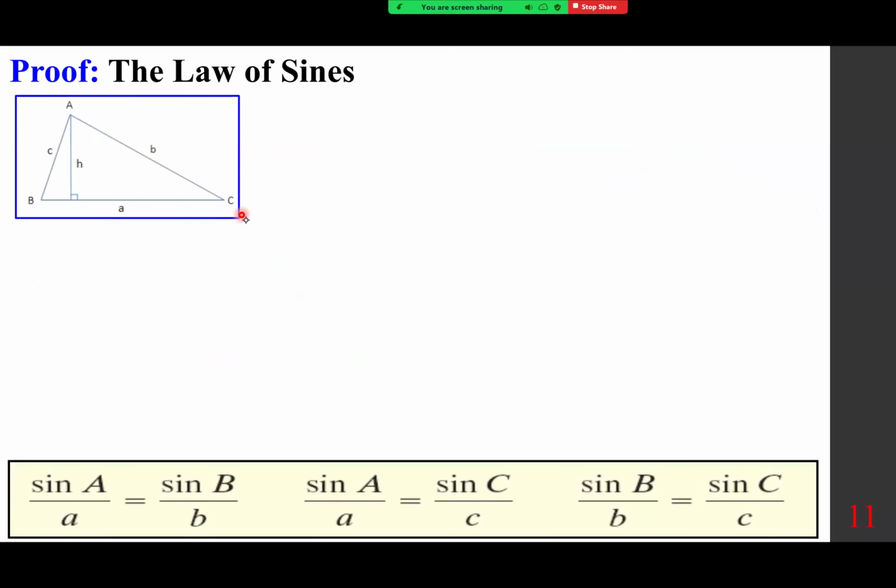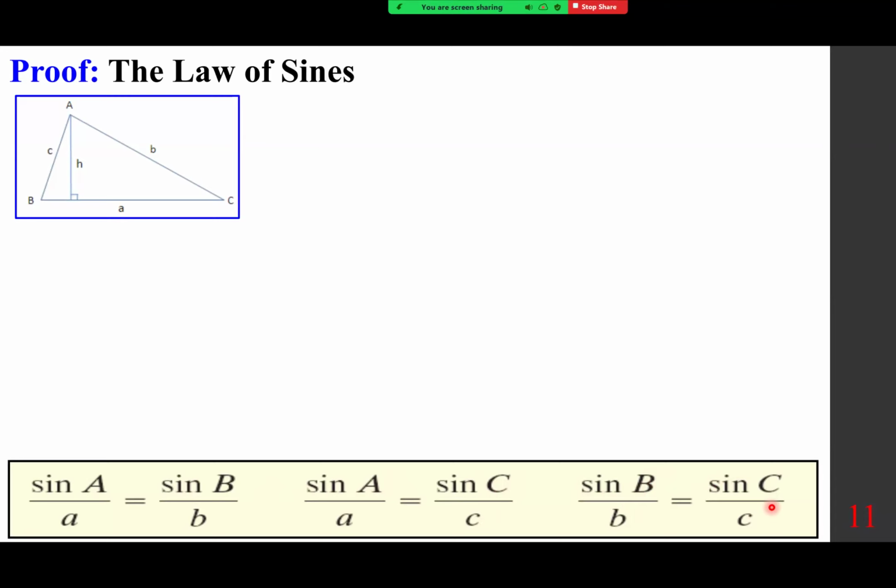The law of sines, we are going to look at the proof of the law of sines that was mentioned: sine A over a, sine B over b, and so on. You can put this as sine A over a equals sine C over c, sine B over b equals sine C over c. Ultimately, you put all of them together.